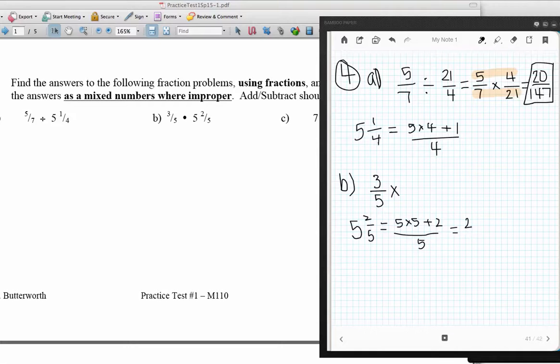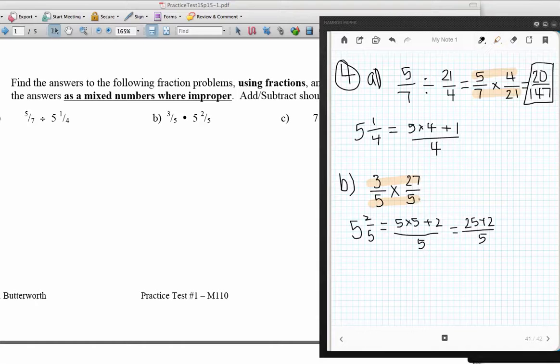So 25 plus 2, over 5. That's 27/5. Now there's nothing else to do there. There's no flipping or anything. This is multiplication.